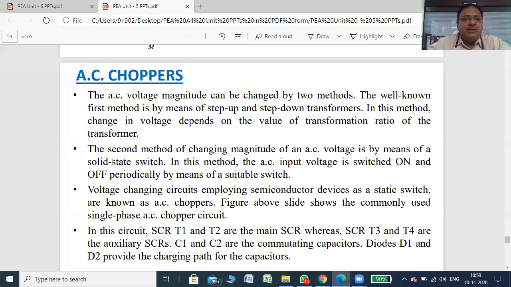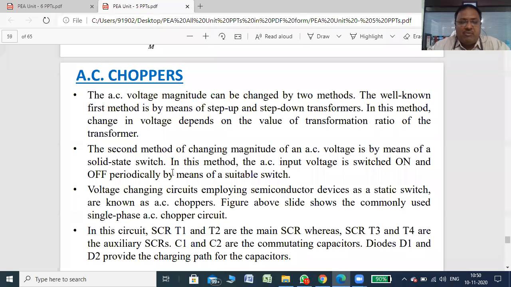So in place of that, the second method, changing the magnitude of AC voltage by means of a solid state switch, is used. The AC input voltage is switched on and off periodically by means of a suitable switch. Voltage changing circuits employing semiconductor devices and static switches are known as AC choppers. Again, the switches used in a DC chopper and in an AC chopper are the same.